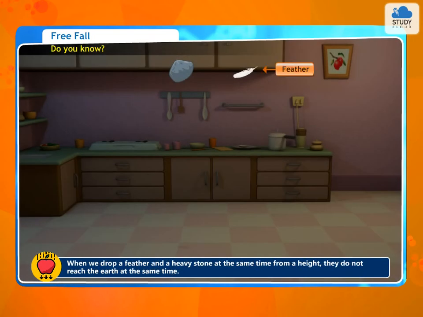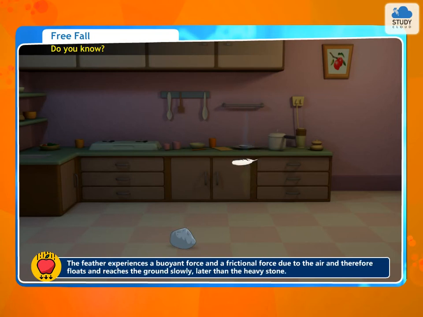When we drop a feather and a heavy stone at the same time from a height, they do not reach the earth at the same time. The feather experiences a buoyant force and a frictional force due to the air and therefore floats and reaches the ground slowly, later than the heavy stone.